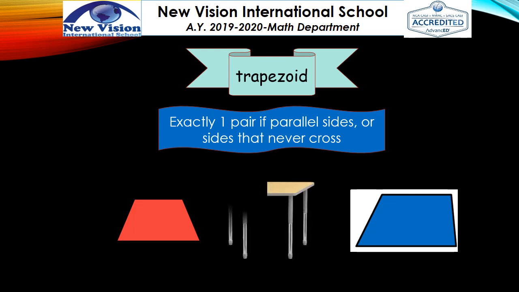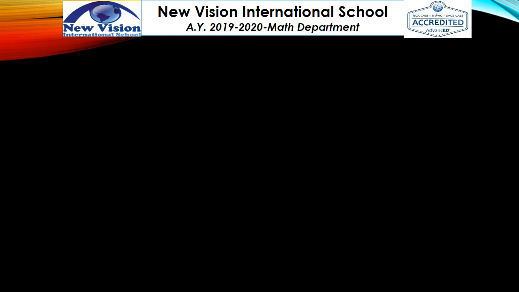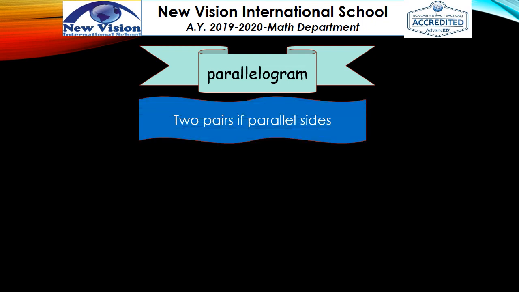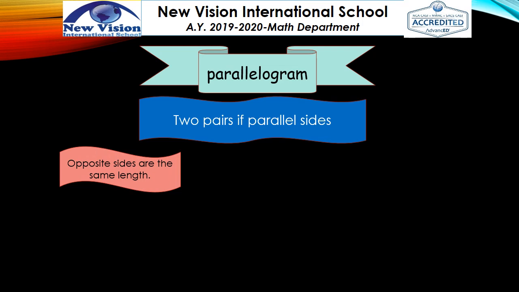So look at this tabletop. The tabletop has a trapezoid shape. Very good. Next, we have here a parallelogram. It has two pairs of parallel sides. What does it mean to say that there are two pairs of parallel sides?